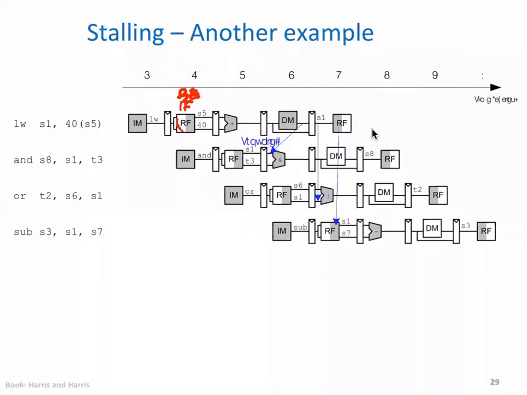Now we can see the instruction here, load word s1, loads into s1 the contents of this location, and then we are using s1. So there is a data dependency. If you don't do anything, then it's wrong.